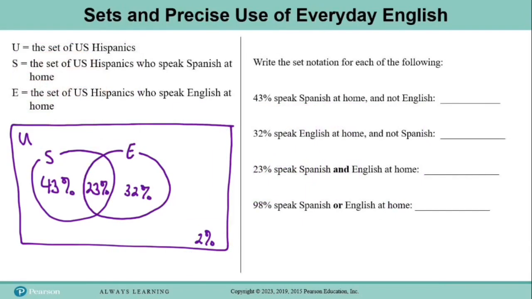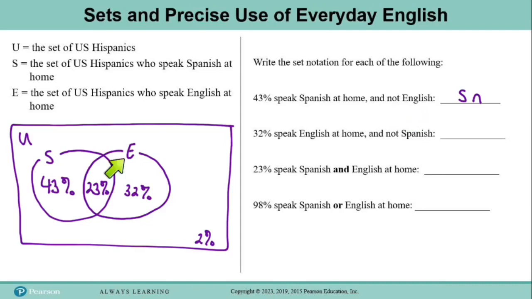Okay, now let's use our Venn diagram to write the set notation for a few different sets that they've described here. So the first one is the 43% who speak Spanish at home and not English. Well, all we have to do is remember that the word "and" represents an intersection of two sets. So what two sets are being intersected here? Those who speak Spanish at home are represented by the set S. So S and, that's an intersection, not English.